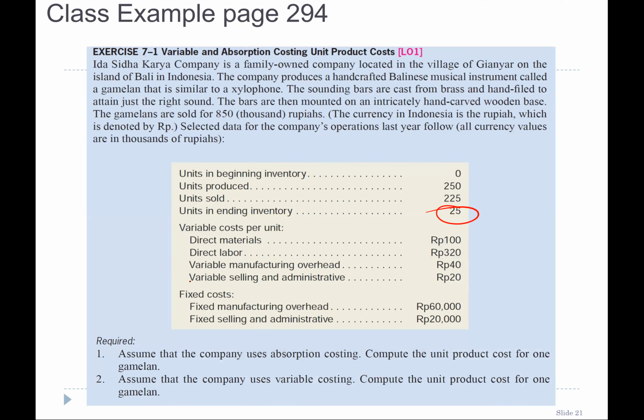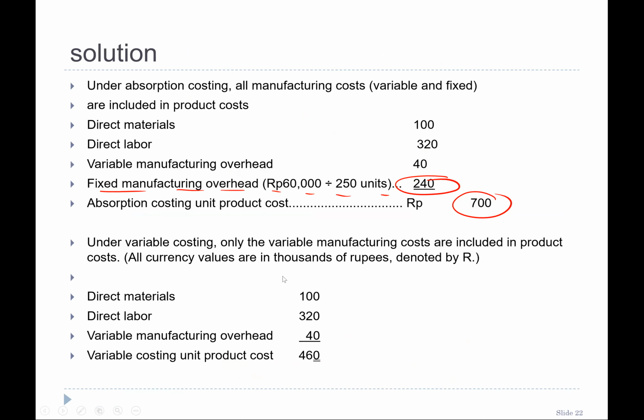Variable selling and admin, 20. 20 multiplied by the units sold, 225.